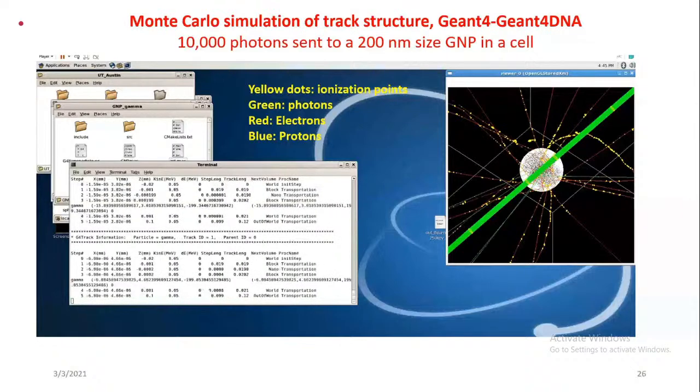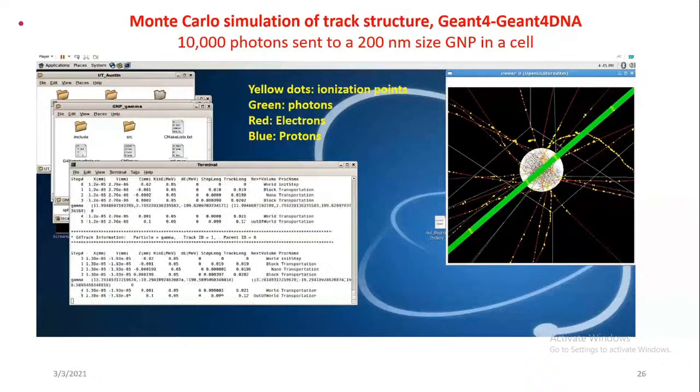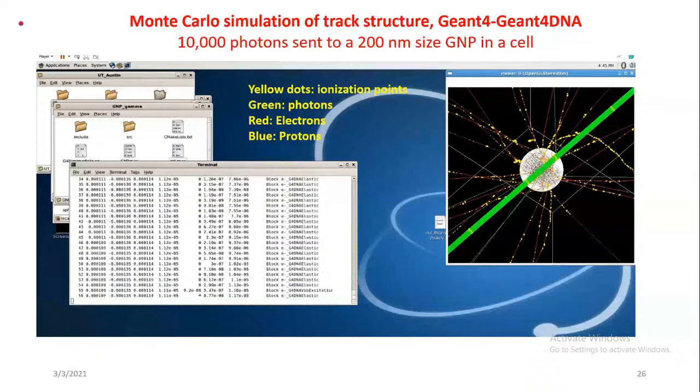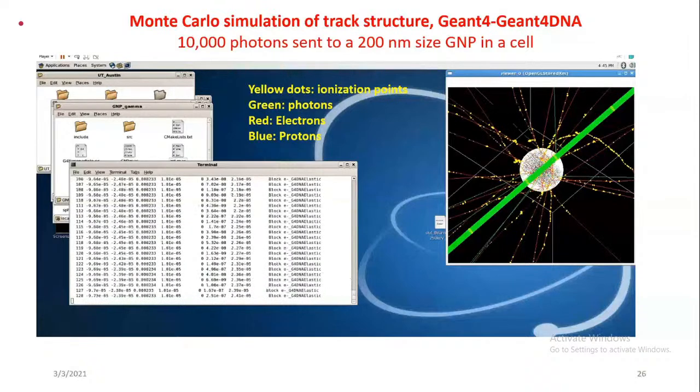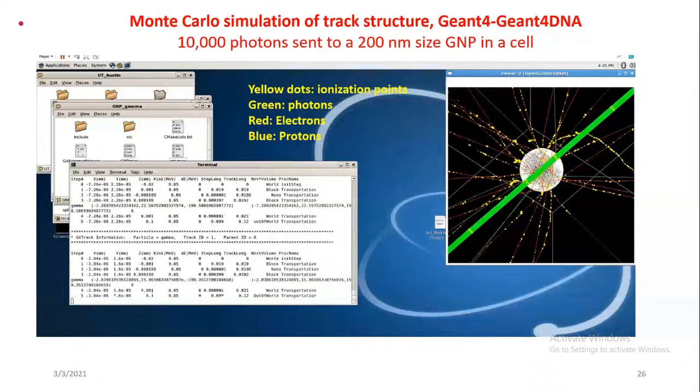So the charged particles deposit their energy along their path, literally in a continuous form. The yellow dots here are ionization points. So we can see as we send more and more photons, there would be distributions of ions within the cell nucleus or cell in general.